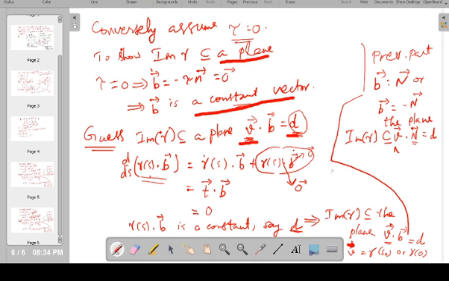For N, this b will work. Therefore, we consider d by ds of gamma of s inner product b. This is equal to gamma dot of s inner product with b plus gamma of s inner product with b dot. But b dot is the 0 vector. So this inner product becomes 0.